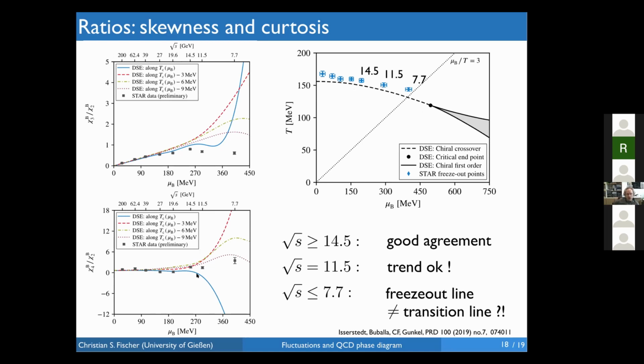So this is along the line. This is 3 MeV away. This is 6 MeV away. This is 9 MeV away. And actually, from this result, you would say that there's even agreement with the experimental data. However, clearly in the skewness, this agreement is far from being good. So there's a lot of work that remains to be done in this comparison.